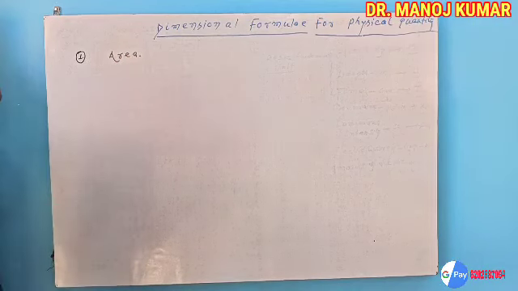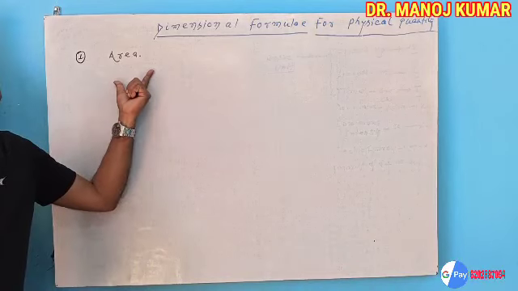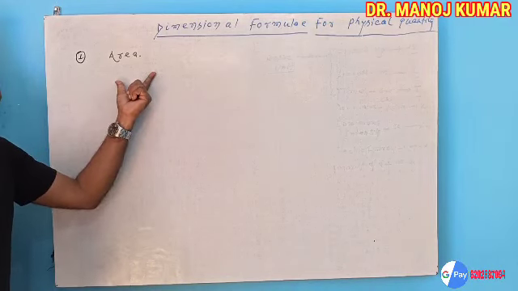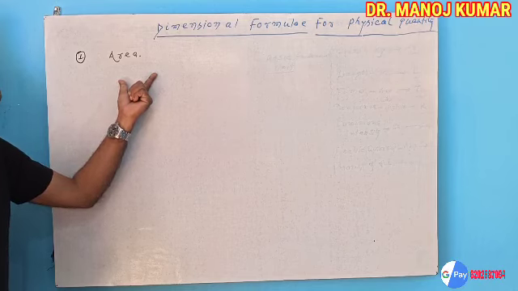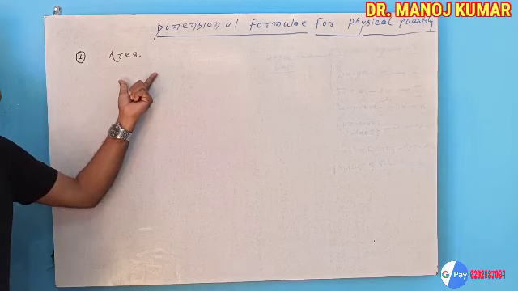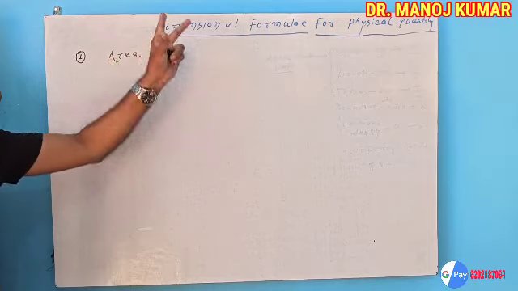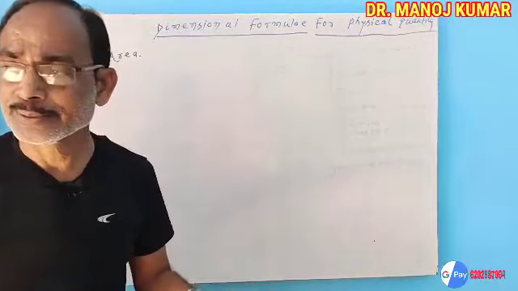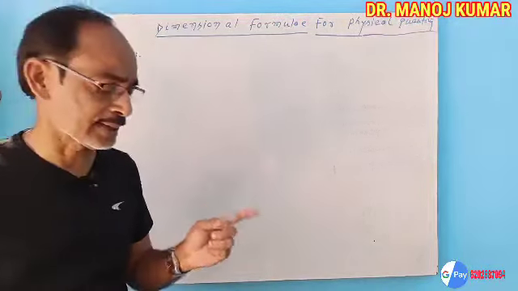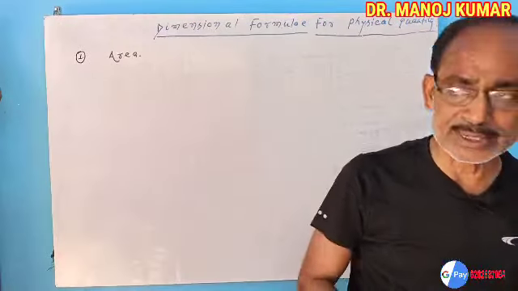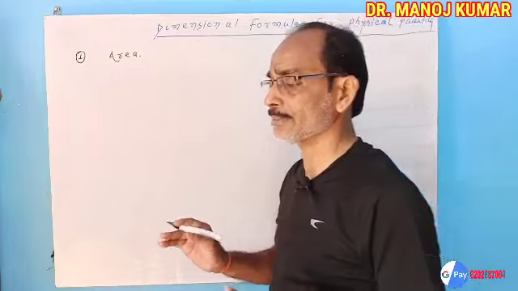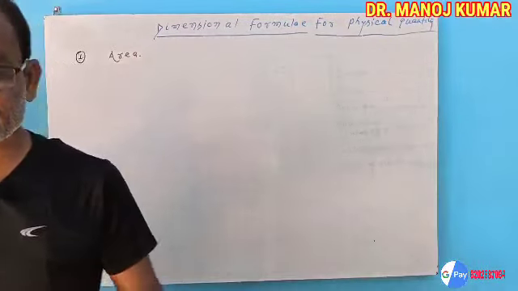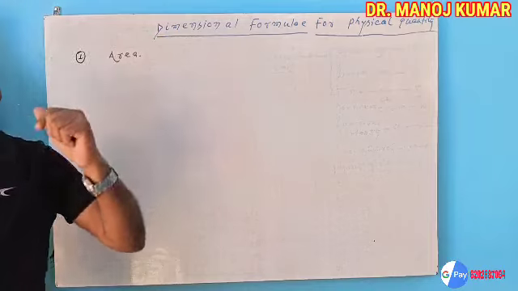Follow it, because area of a square is side into side, area of a rectangle is length into base, and so many. But side, length, base, height and depth can all be measured by meter.